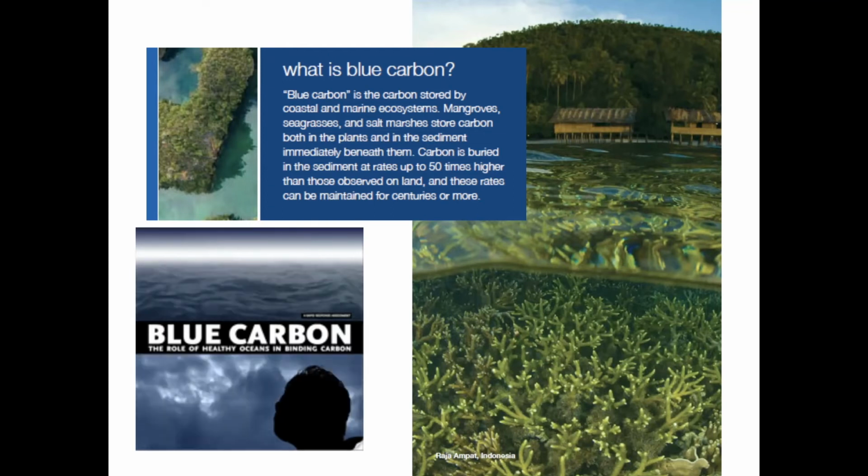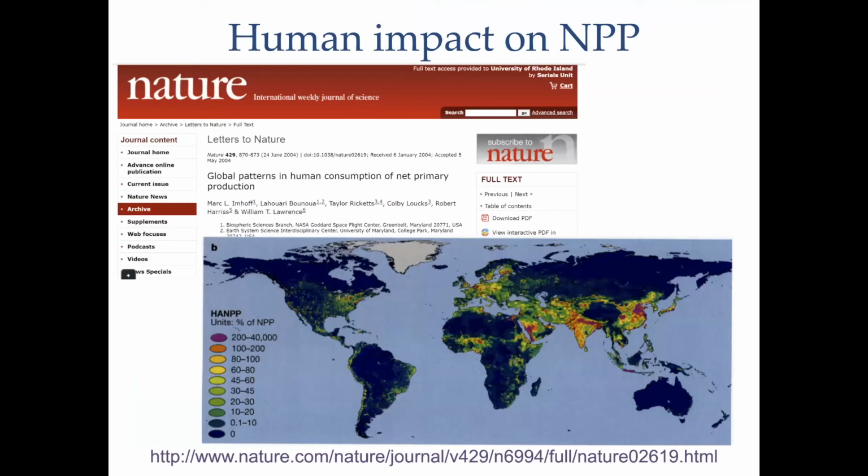So the blue carbon, what they are trying to do is to conserve most of our coastal lines in hope to conserve the places where most of the carbon dioxide is being absorbed.